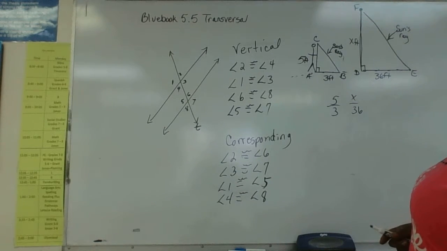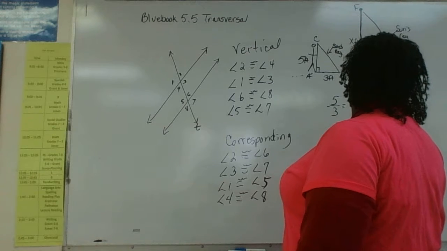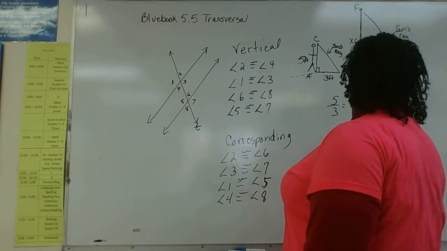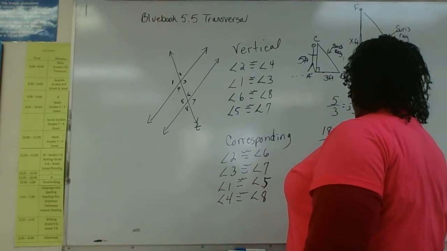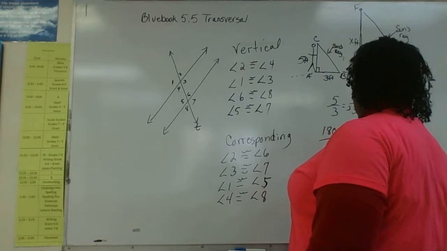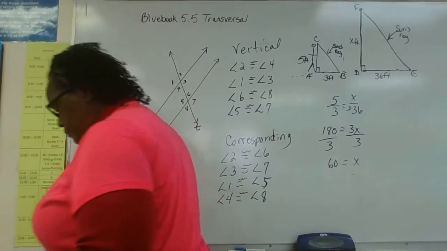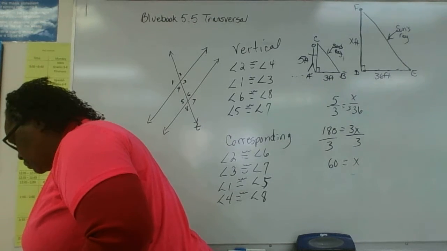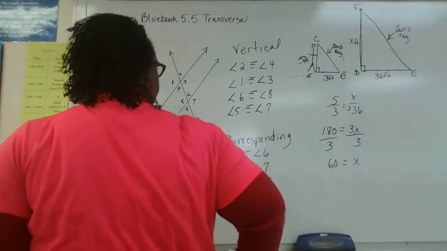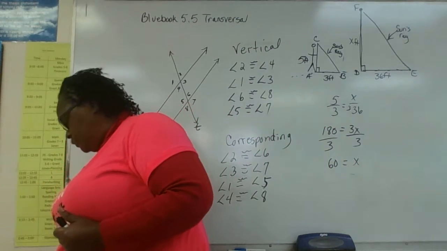And if we cross multiply, then we would have 3x is equal to 180. Divide both sides by 3, and x is equal to 60. And so that's what x is equivalent to.